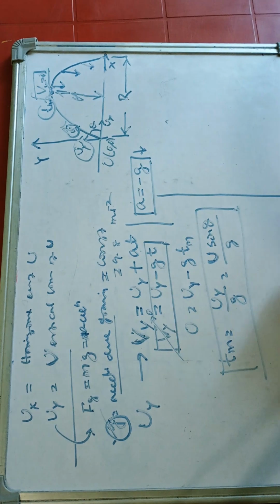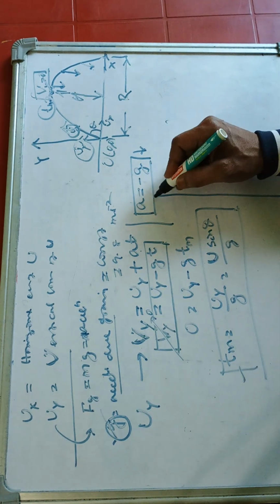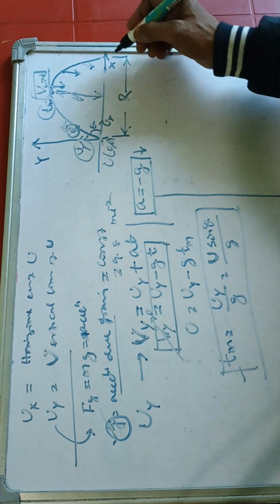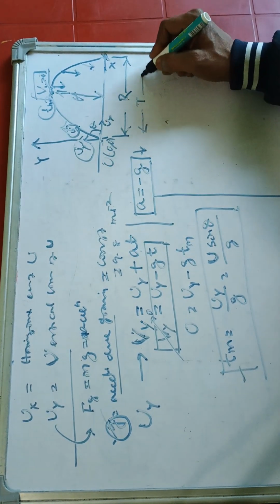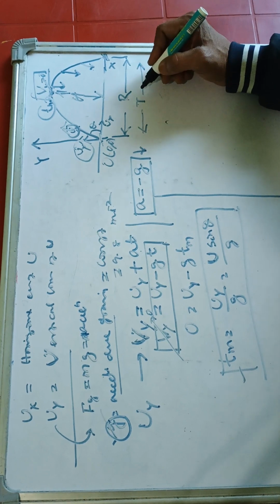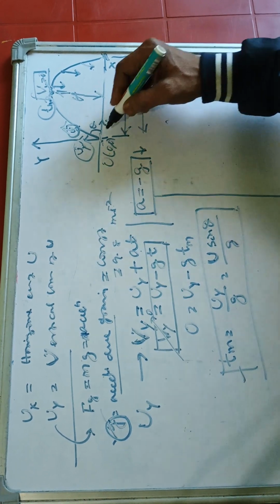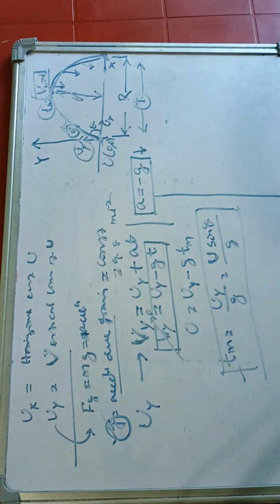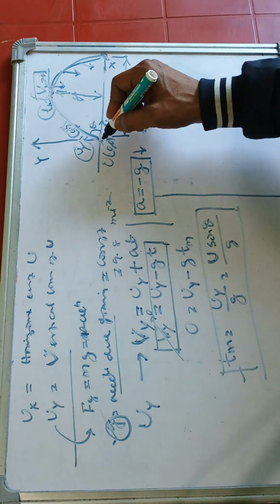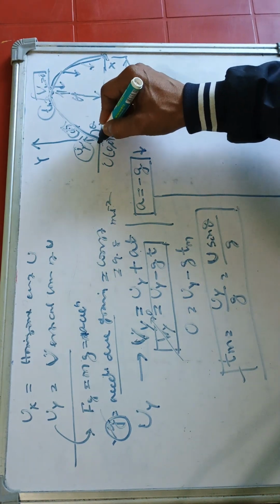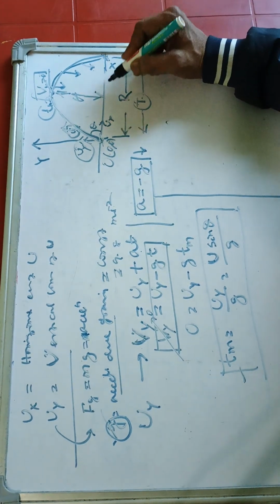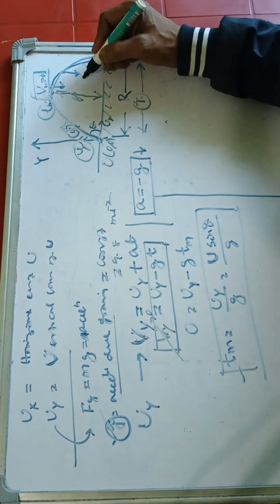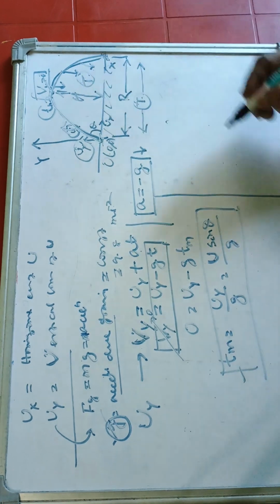To find the total time period, consider the total time t, the time of flight. The time of flight is the duration during which the object will be in air. That means the time it will take once it is fired or thrown from its starting position till it reaches the ground. This is the time of flight.